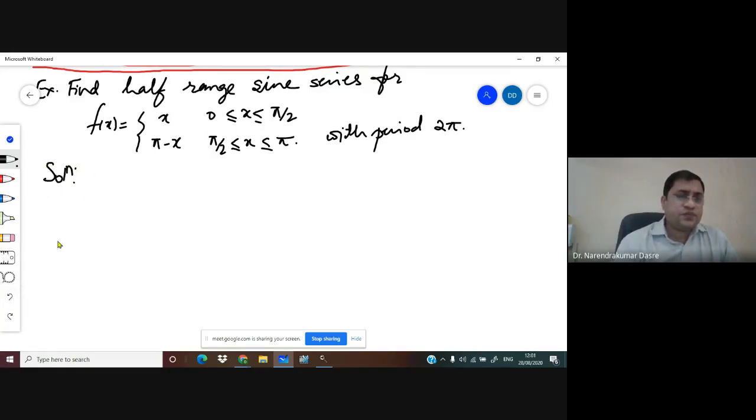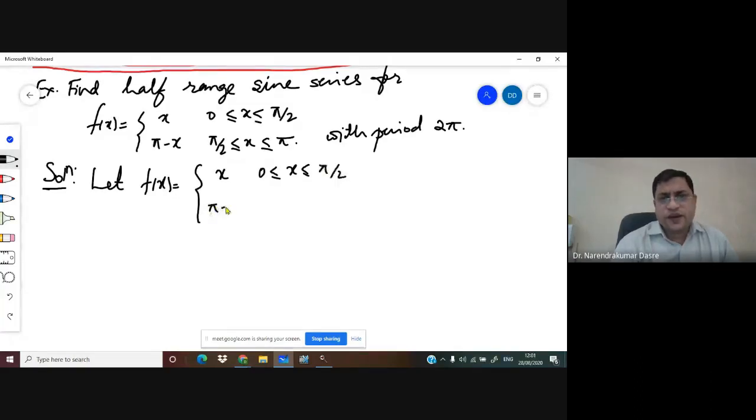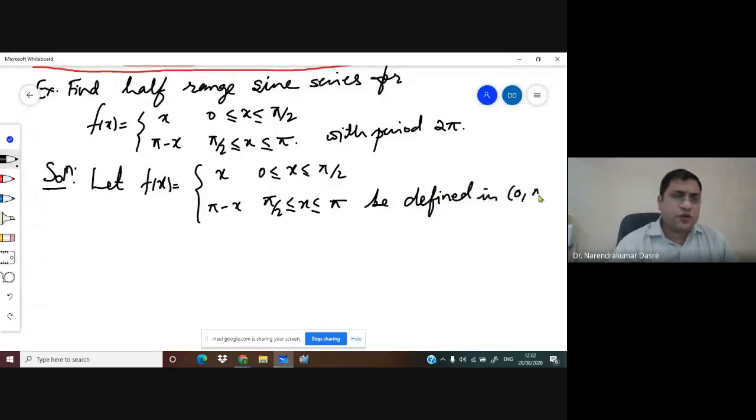Let f of x be equal to x for 0 less than or equal to x less than or equal to pi by 2, and pi minus x for pi by 2 less than or equal to x less than or equal to pi. We find it in 0 to pi.